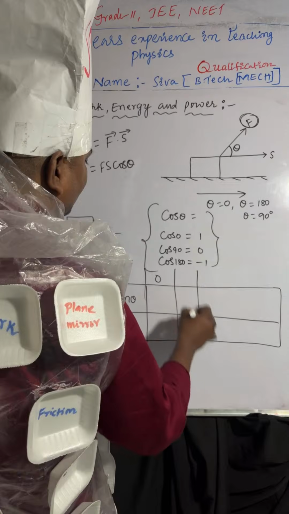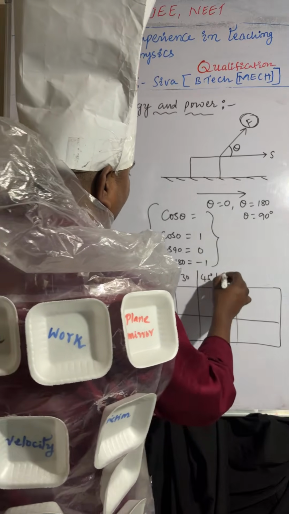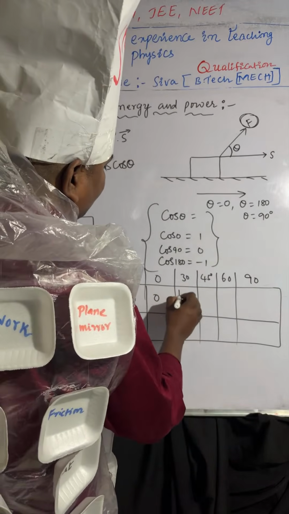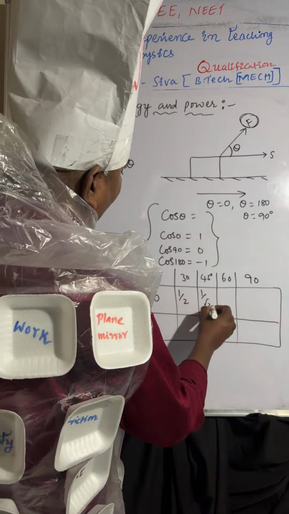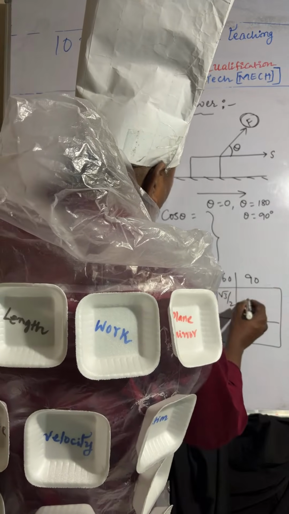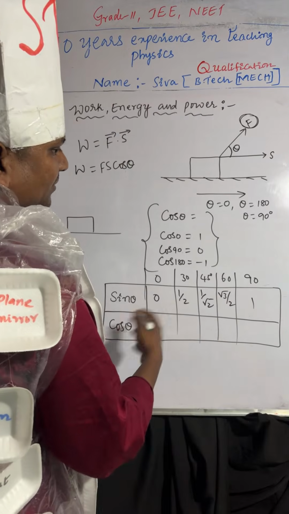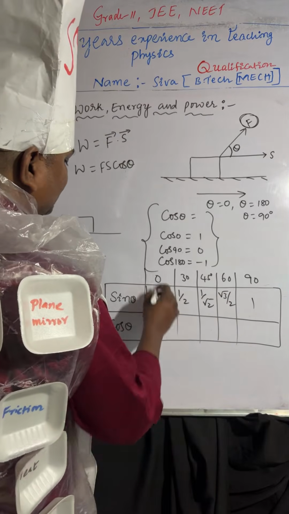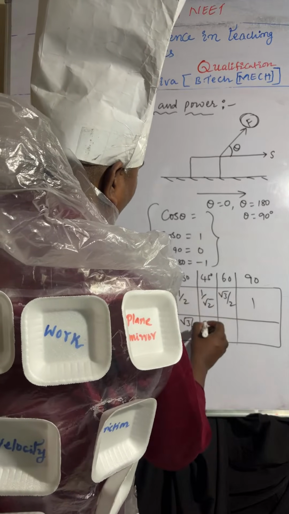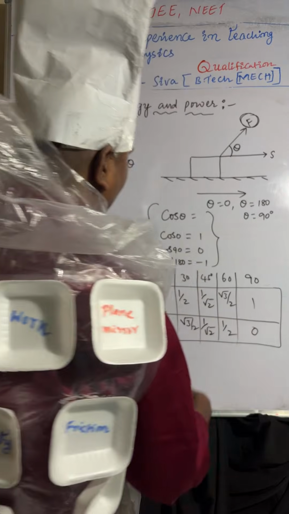For 0, 30, 45, 60 and 90: sin 0 is 0, sin 30 is 1 by 2, sin 45 is 1 by root 2, sin 60 is root 3 by 2, sin 90 is 1. The reverse of sin is cos: cos 0 is 1, cos 30 is root 3 by 2, cos 45 is 1 by root 2, cos 60 is 1 by 2, cos 90 is 0.